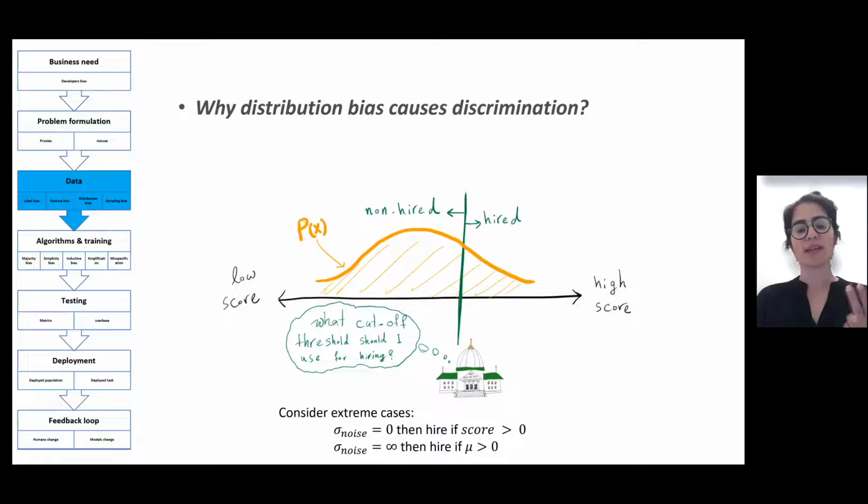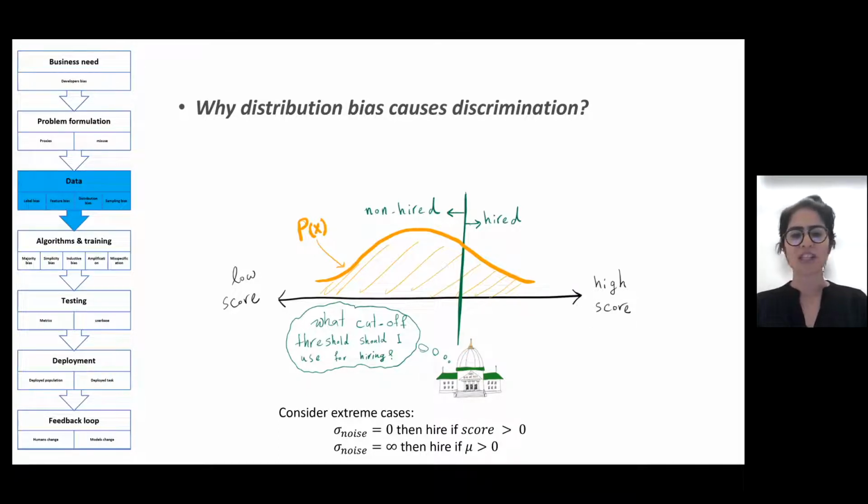Let's look at two extreme cases. In the first case, let's assume that there is no noise. If there is no noise, then the score is actually showing the skill level. So if the score is greater than 0, then the company should hire. If the score is less than 0, then the company should not hire. Now let's look at the other extreme case, when the noise is infinite.